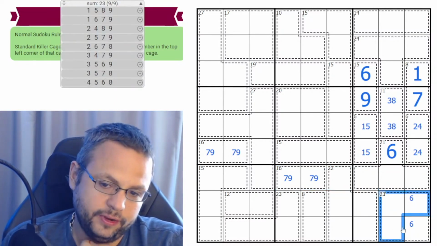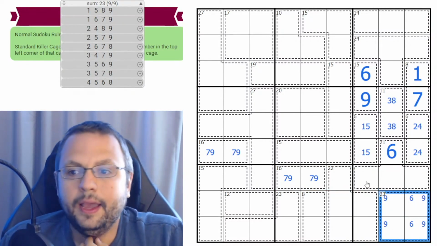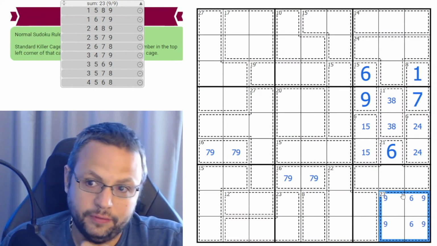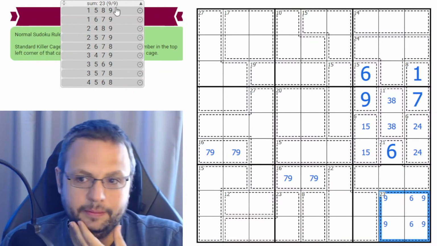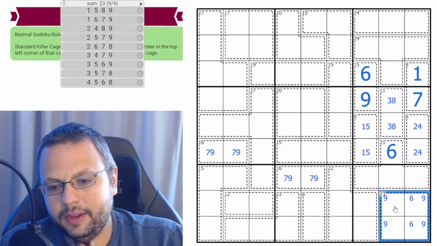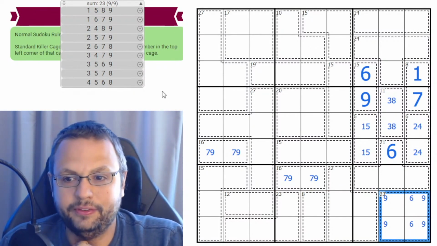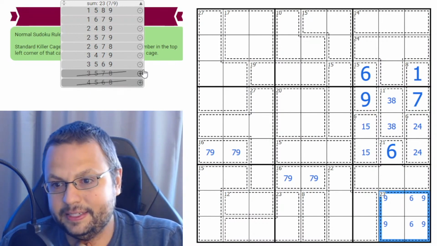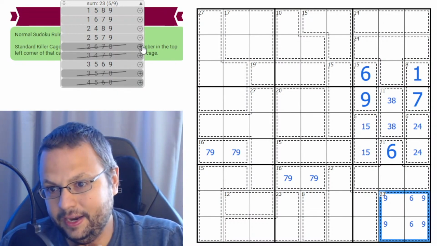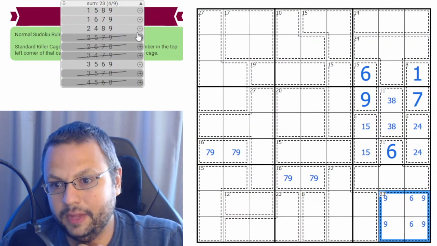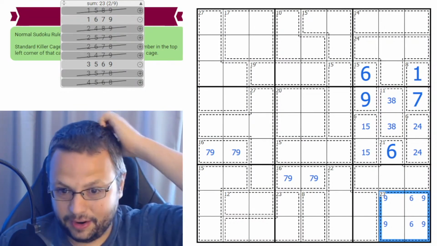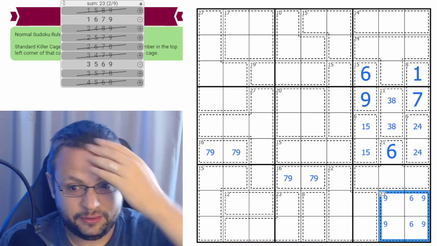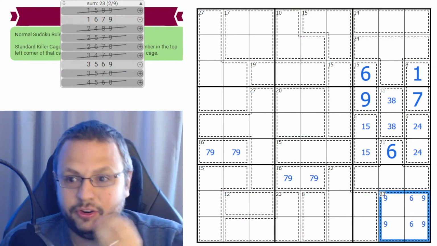The 9 is forced into the 23 cage. And so if you look at our sort of killer calculator, this was a nightmare to begin with. There were 9 possibilities. But now, actually, we know that this cage contains both a 6 and a 9, and so anything that does not contain both a 6 and a 9, we can just immediately rule out. And so we will find that there are only 2 possibilities for what this cage could be, actually.